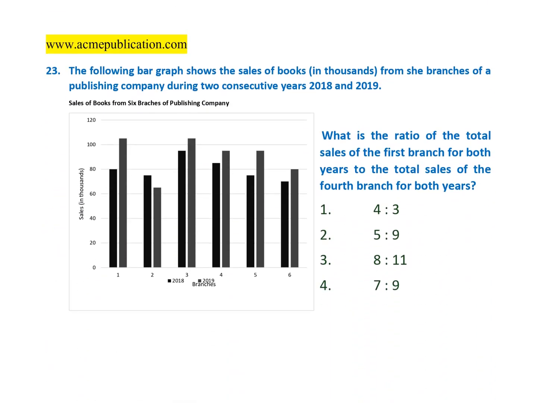Question 23. The following bar graph shows the sales of books in thousands from the branches of a publishing company during the 2 consecutive years 2018 and 2019. What is the ratio of total sales of first branch for both years and total sales of fourth branch for both years?